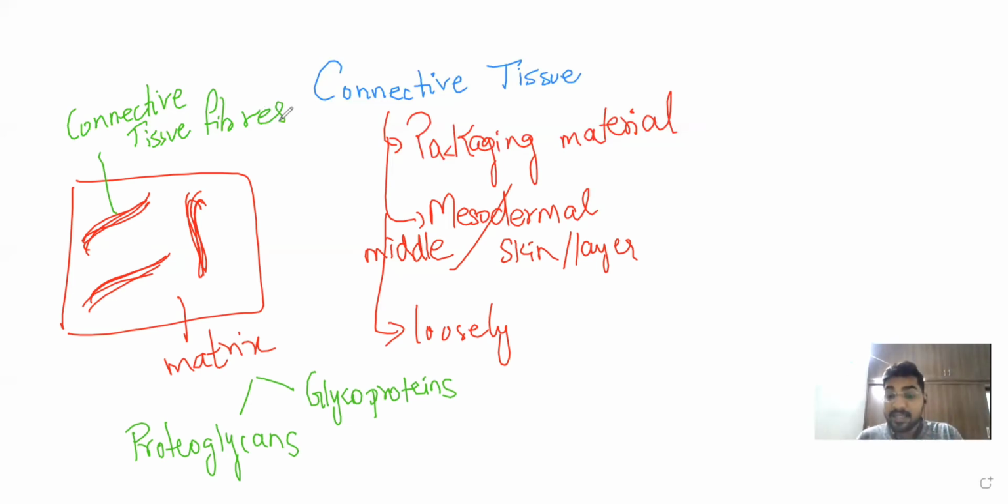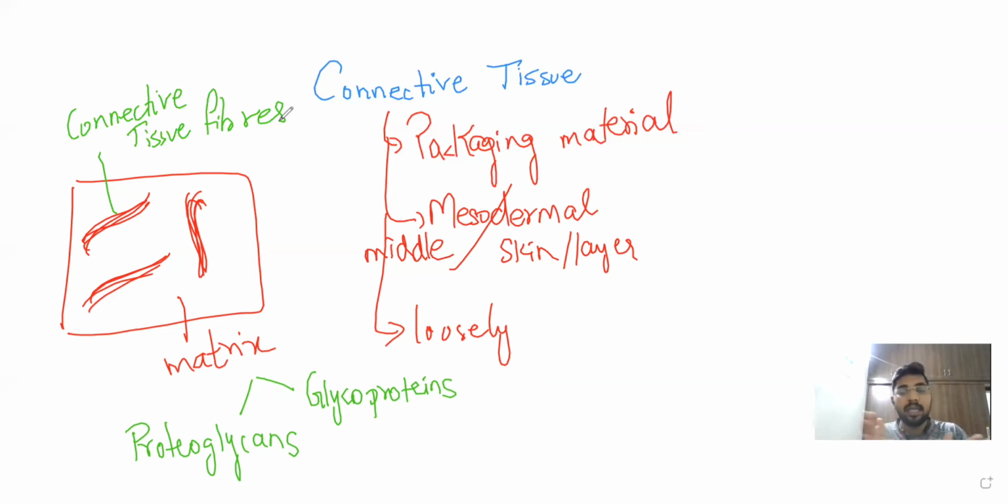As I said, your connective tissue is not a single component. There are many groups of cells: your matrix is there, your connective tissue fibers are there. We will study the types of fibers in depth, and other cells are also there in this matrix. There are cells like macrophages, mast cells, and fibroblasts. We will study that in a while. All this together makes your connective tissue.